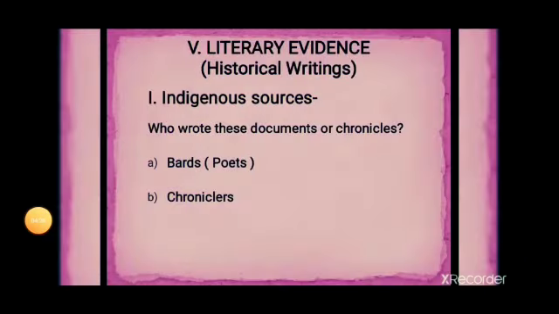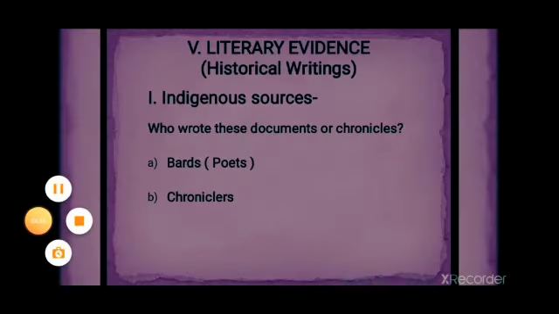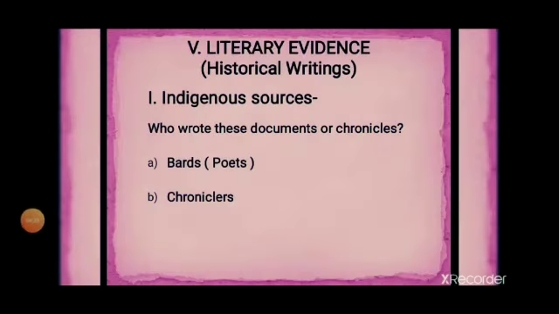And they all were appointed by the king. And what was their job? Whatever was going on in the court and whatever the king was saying, they had to write in those chronicles and documents. Whatever good things were going on, whatever bad things were going on, whatever changes were made in that particular time, their duty was to record all of this in perfect sequence.